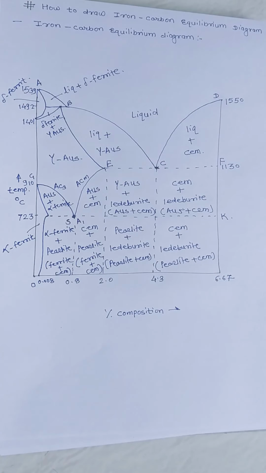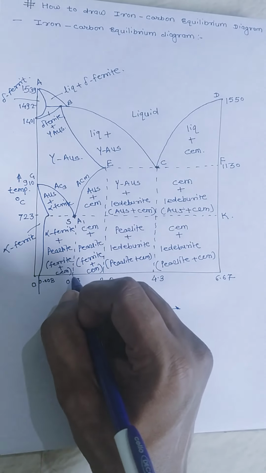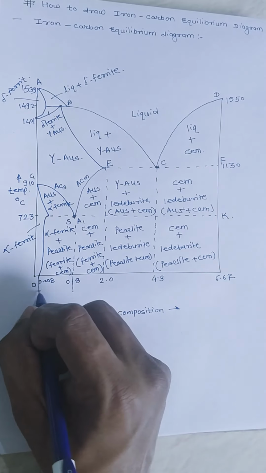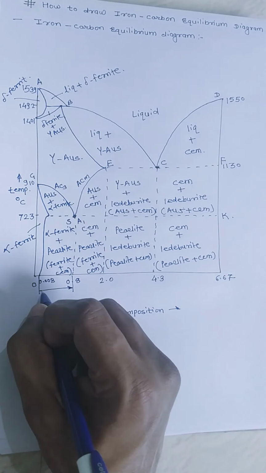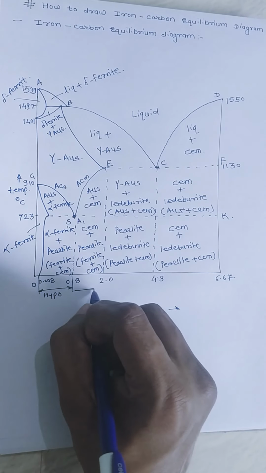In that case, which one is left? The region here is pure iron, and this region is hypo, this is hyper.